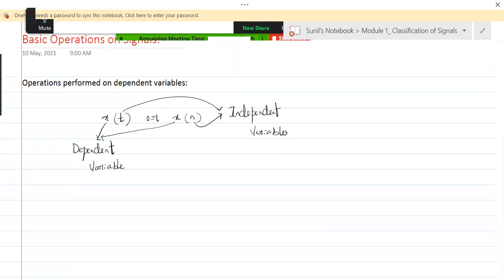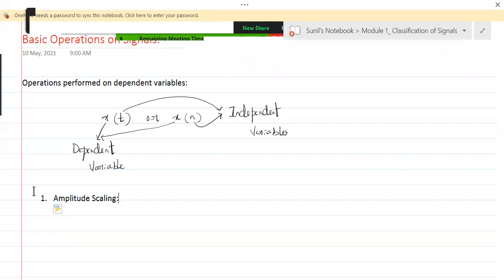So first what we are going to see is operations performed on dependent variables. Understand that? The first operation, let's take everybody, operation number 1, amplitude scaling. What is scaling operation?